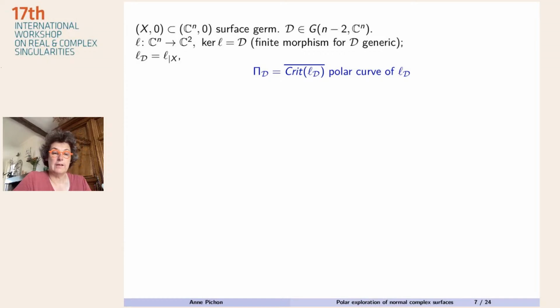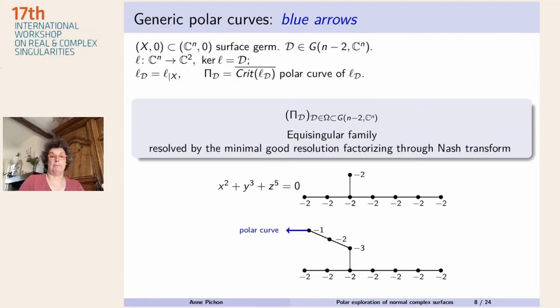And moreover, the minimal morphism which resolves the base points of this family, and which resolves these curves in family, is the Nash transform of X. Okay, and to summarize, consider omega, this Zariski open set in G(n-2, C^n), and consider the equisingular family of polar curves.